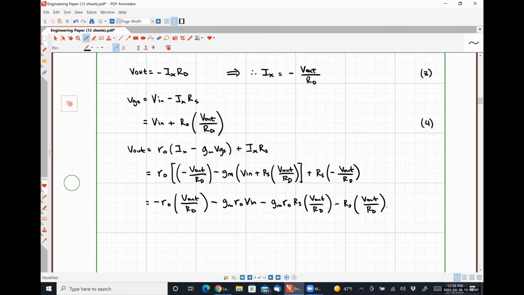Okay, so I'm going to move all of these minus V out over RD terms from the right-hand side to the left-hand side.